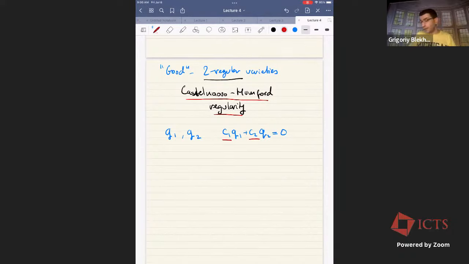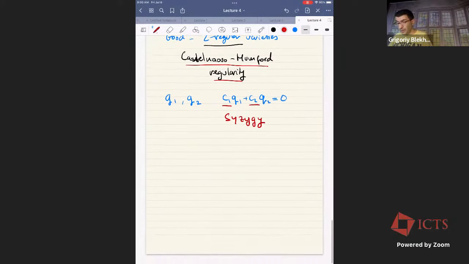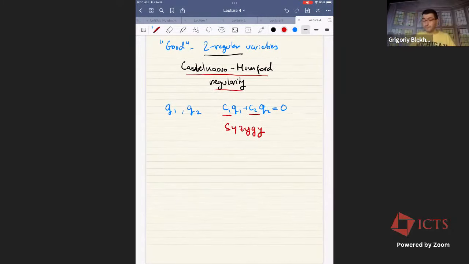So now I want to write down a relation, something times Q1 plus something times Q2 is equal to 0, where the coefficients are no longer constants, they are polynomials. Such a relation is called a syzygy of Q1 and Q2.